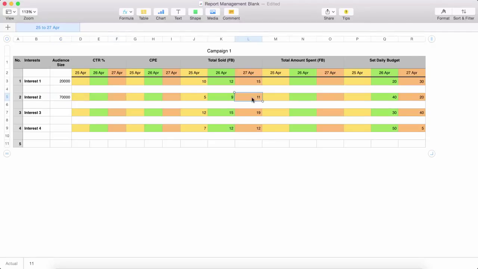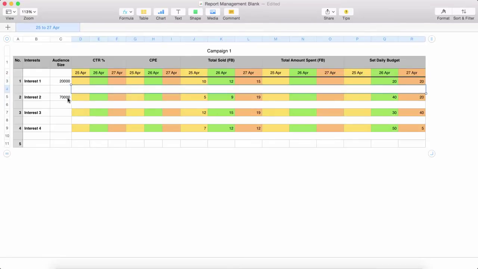Let's say the next day the sales is 19. All right, so the day before is 12 sales and the next day is 15 sales, which means that you put $30 for the next day's budget, right? But since the audience size is 20,000, which means that our maximum daily budget for this interest is $20, I will not put 30, but I will adjust accordingly to the audience size, which is $20.